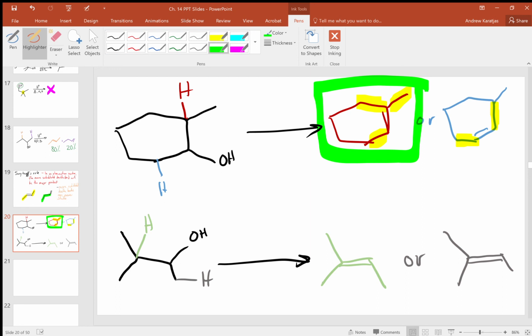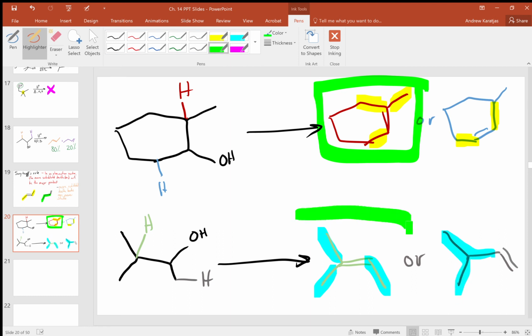For the molecule below, the structure on the left has 3 groups coming off the double bond. Whereas the structure on the right only has 1 group coming off the double bond. So again, the more substituted product wins.